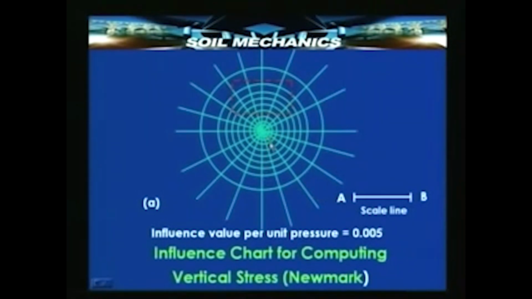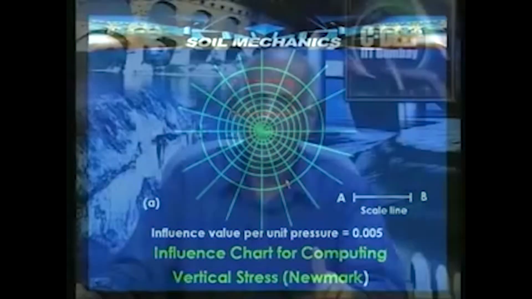This means that every single sectoral area that we see here has the same influence coefficient value, because for each one of them R upon Z remains the same. Then what is the value of each of these small sectoral areas?